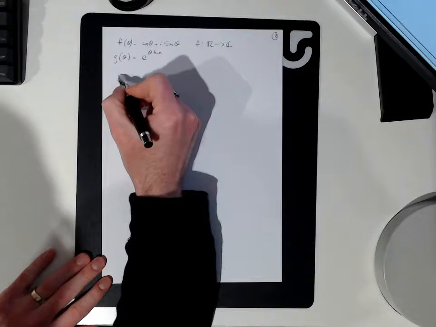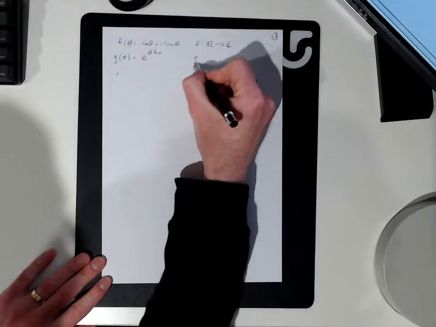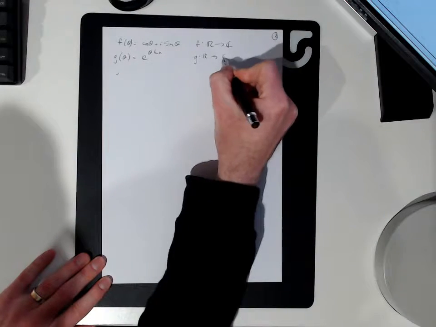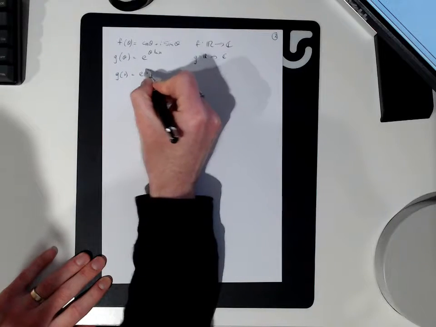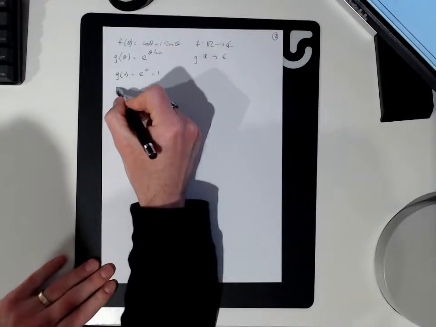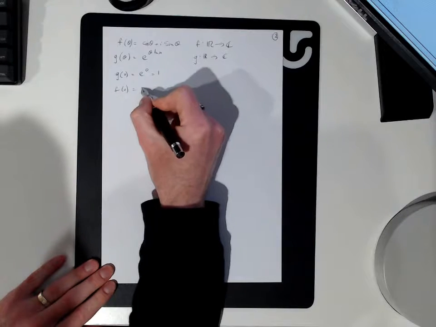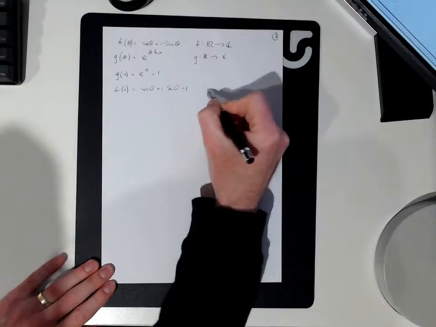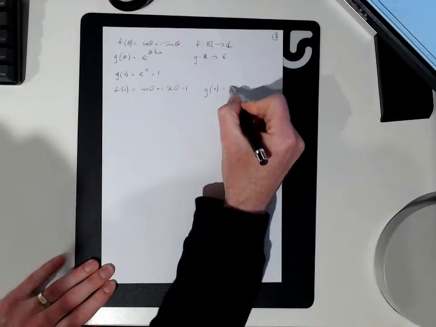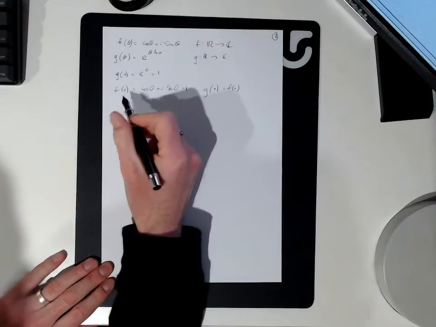Okay, so first we note that g also goes from the reals into the complex. And we note that g of 0 equals e to the 0 equals 1, and f of 0 is cos 0 plus i sin 0, which equals 1. So g of 0 equals f of 0.